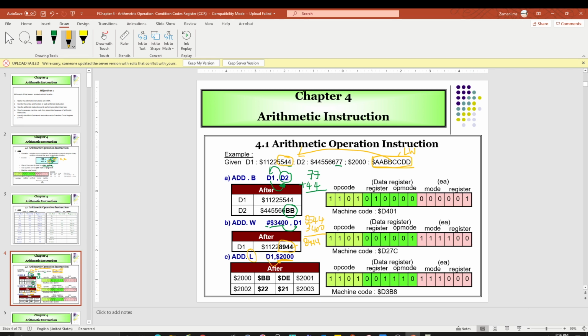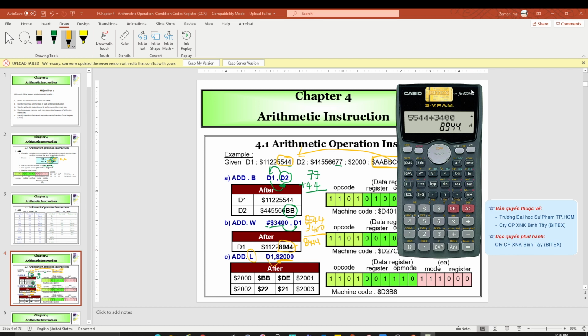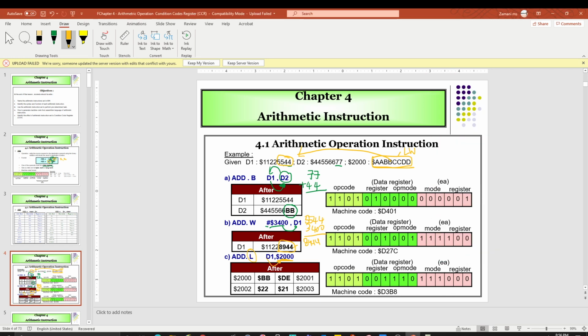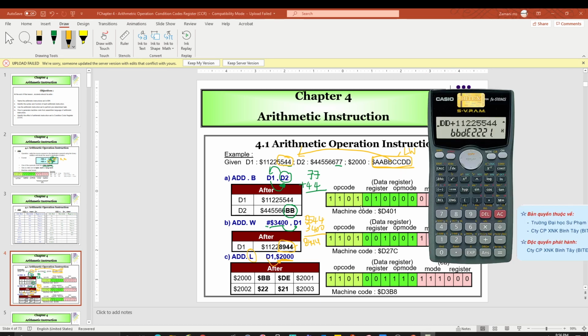Let's do the calculation on the calculator. In hex, AABBCCDD plus D1, which is 11225544, and the answer is BBDE2221. So all this value goes back to the location at 2000, and you have to replace the memory.